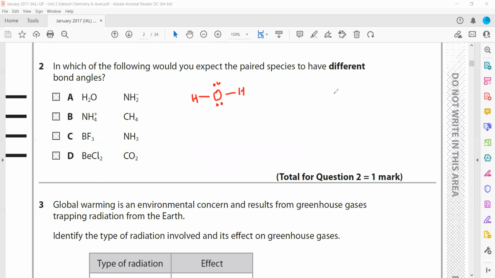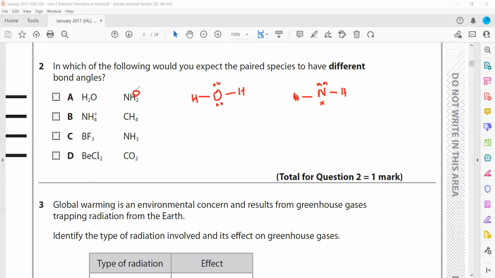In NH2 with a charge of minus, what does it mean? Nitrogen is bonded with 2 hydrogens, and nitrogen belongs to group 5, so it shares 2 and the unshared will be 3 electrons.